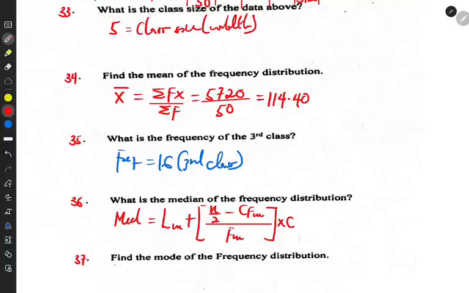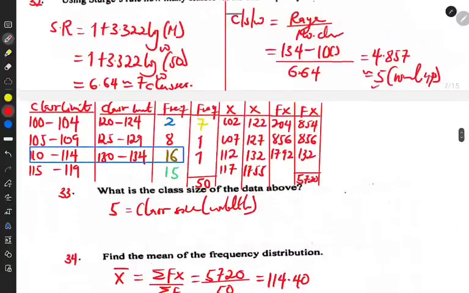So we also need a class boundary column. So let's see, class boundary here: 104 taken from 105 gives 1, divided by 2 gives 0.5 as usual. So for us to get a class boundary, subtract the upper class limit of any class from the lower class limit of the succeeding class.